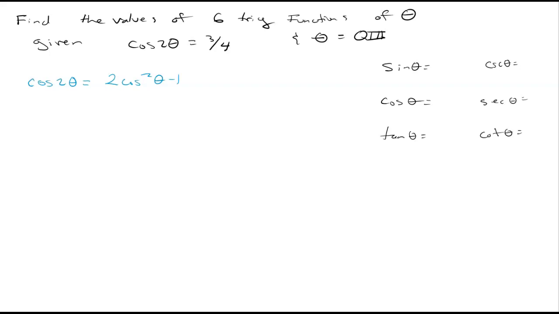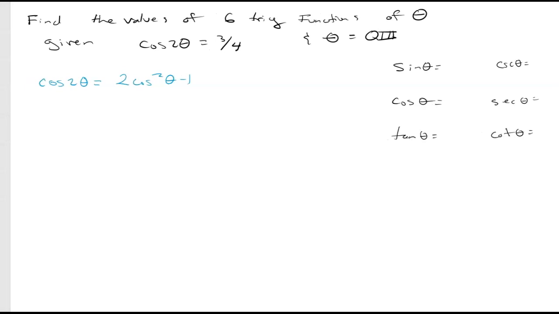So I'm going to go ahead and replace. What am I going to replace? I'm going to replace my cosine of my double angle with 3/4. So I'm going to say 3/4 is equal to 2 cosine squared of theta minus 1. Now let's go ahead and add 1 to the other side.